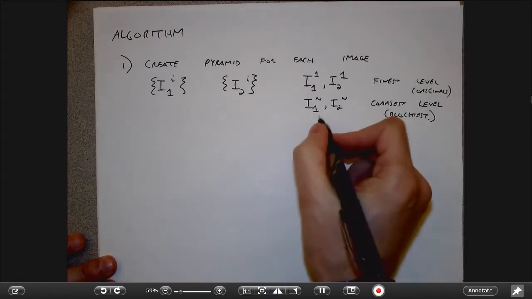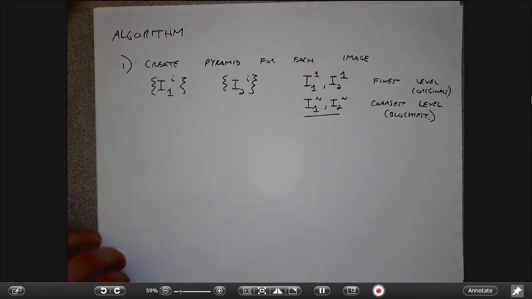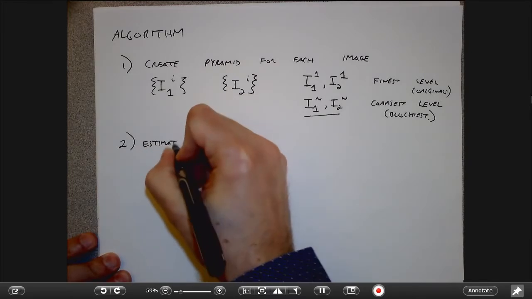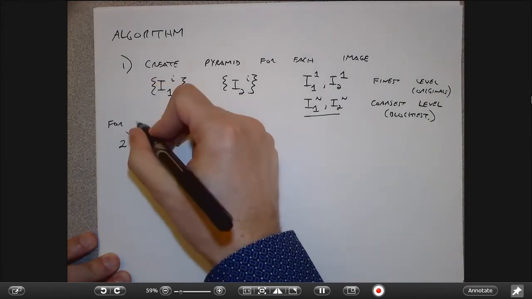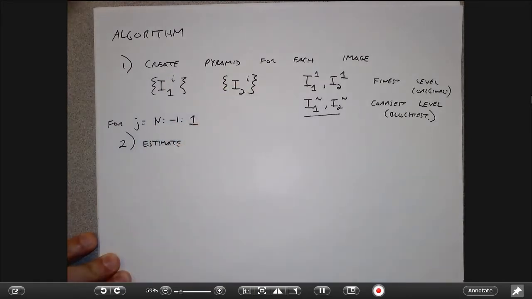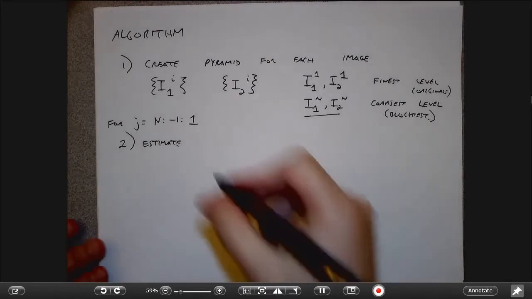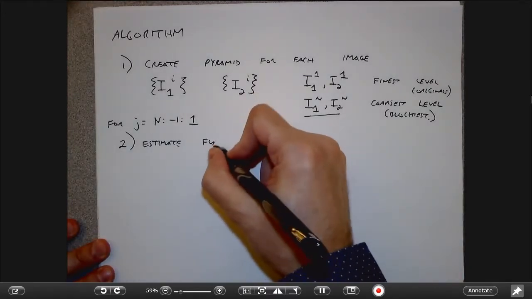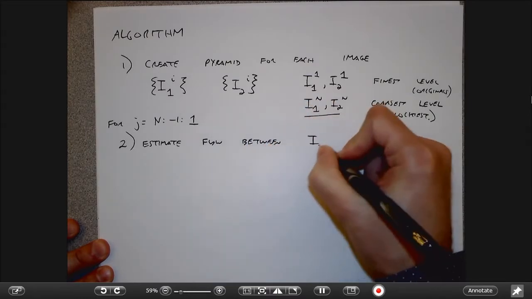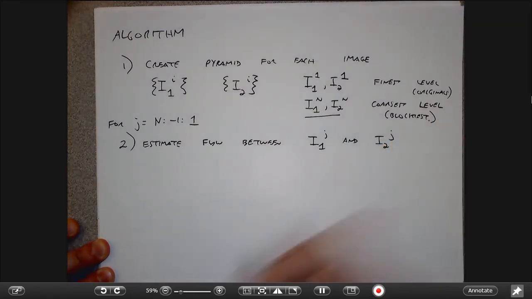And so let's suppose that I start with these two guys, right? So now I'm going to estimate. This is going to look something like for j equals n, I'm going to start at the lowest level, the coarsest level. I'm going to work my way back up to the highest level, right? So I'm going to estimate the flow between I1 sub j and I2 sub j, right?